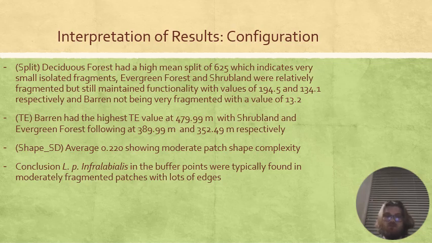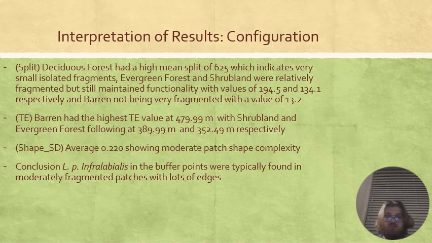While barren was not very fragmented, it had a value of 13.2. For total edge, barren had the highest total edge value at 479.99 meters, with shrubland and evergreen forest following at 389.99 meters and 352.49 meters respectively.